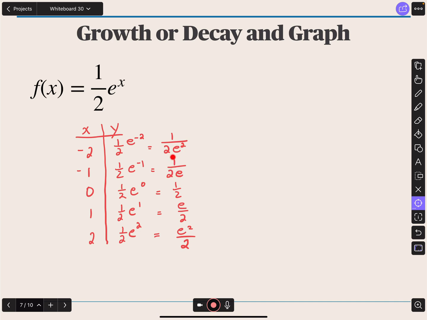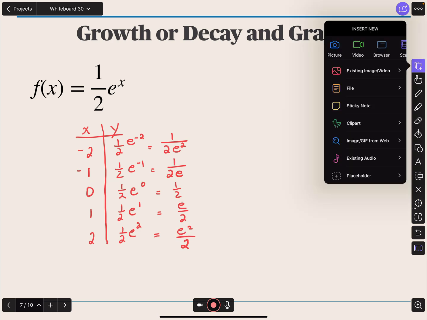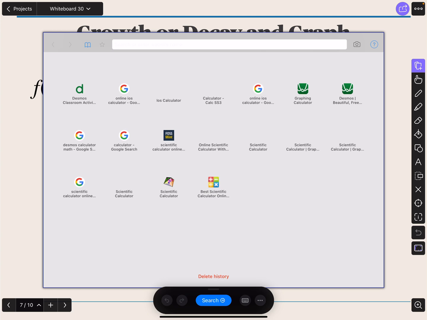If you do this on your calculator, you'd have to go 1 divided by, you'd have to put the 2e in parentheses to make sure you divided by the entire 2e. Now, since you'd have to get a calculator out to get these values anyway, I think it's going to be more important for you to be able to use Desmos to graph it and pick the points that are important.